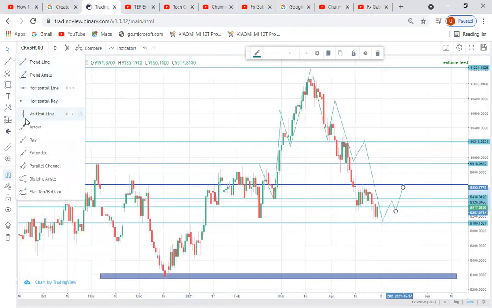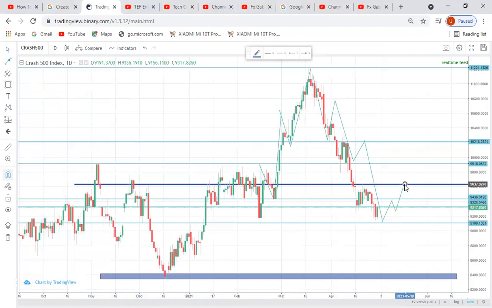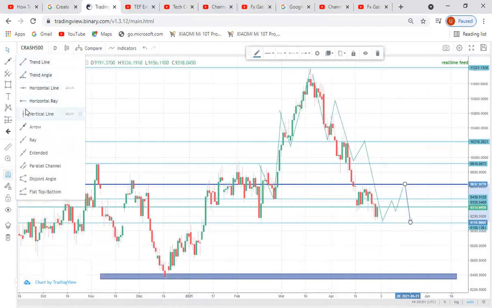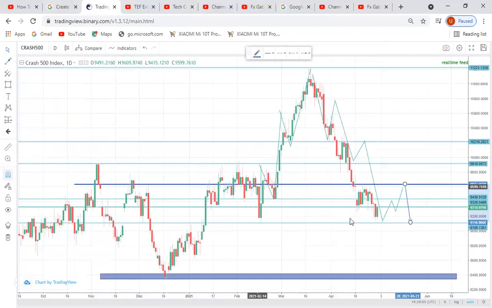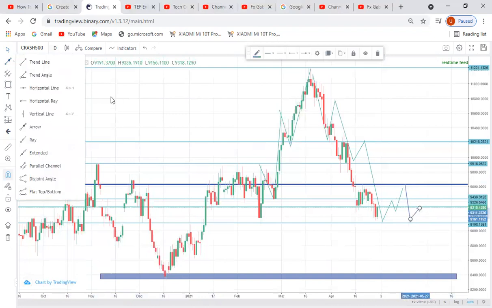And then either a retest to this level first. If we get a retest, it might still use that same zone to be buying, possibly, but it may not go back there.